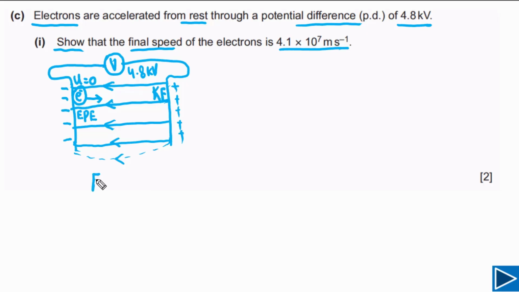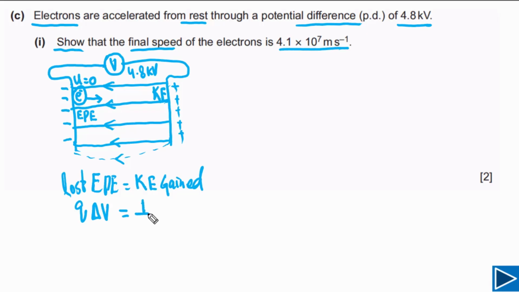So EPE lost will be equal to KE gained. EPE lost is equal to Q times delta V. Delta V is the potential difference between the 2 plates, and because it starts from rest, the initial kinetic energy is 0.